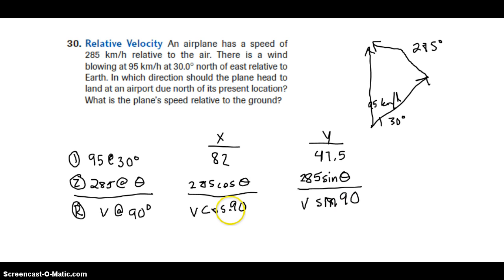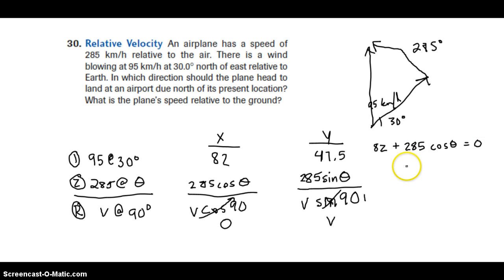I know for a fact that the cosine of 90 is 0, so I can just cross this whole thing out and make it 0. I know that the sine of 90 is 1, so this is V times 1, or V. So first of all, 82 plus 285 cosine theta is equal to 0.